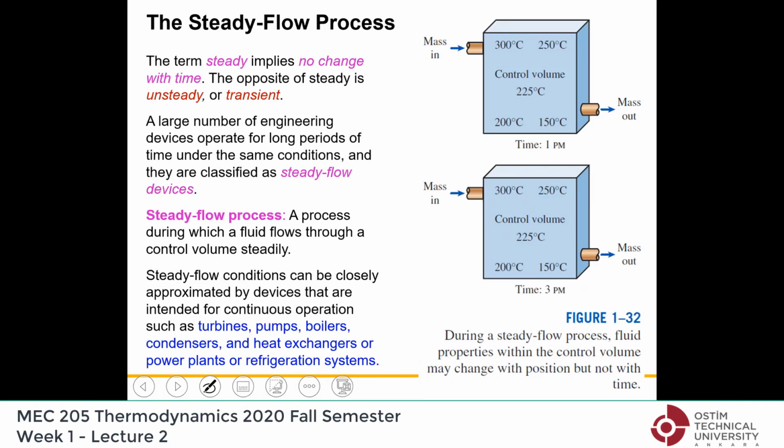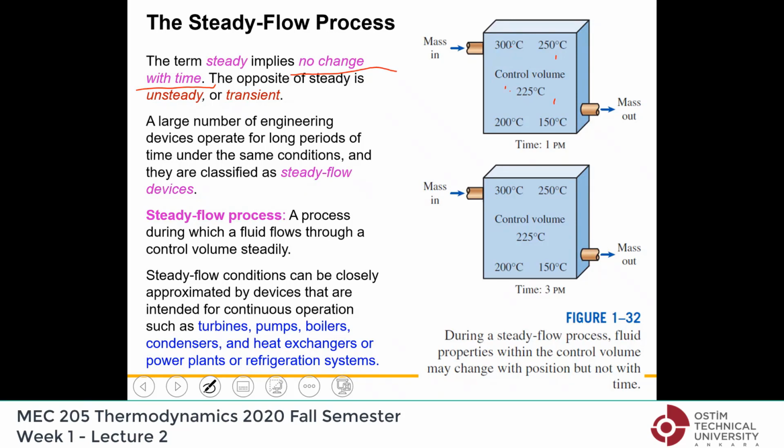And as a special process again, if things change within a system by space, but there is no change with time, no change with time at any point in the system, then we call that a steady flow process. For example, you may have a control volume here.